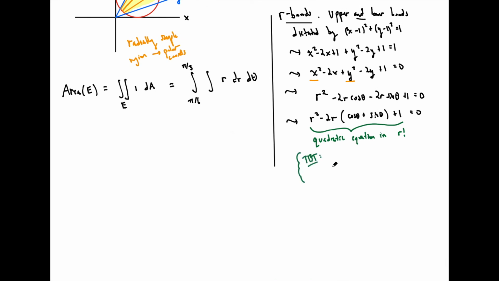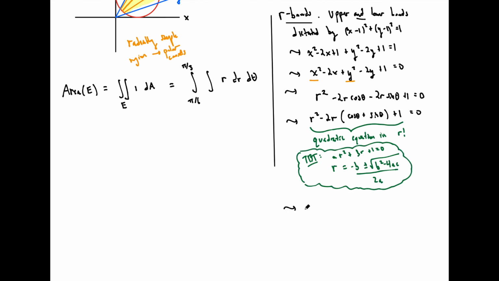So now we just have to remember that the quadratic formula in this case says that if you have an equation that looks like ar squared plus br plus c equals 0, the quadratic formula tells us that the two solutions are negative b plus or minus the square root of b squared minus 4ac all over 2a.